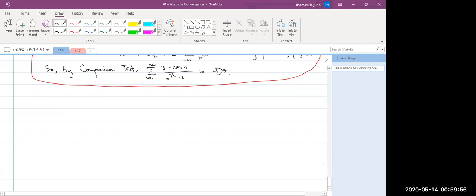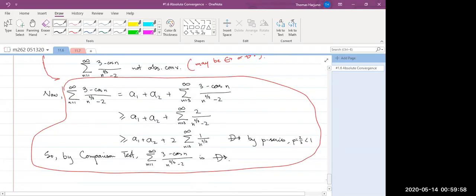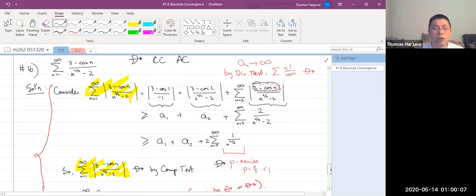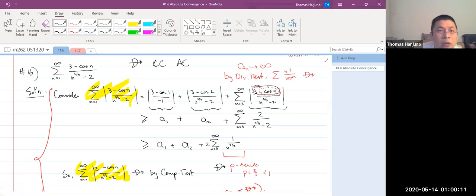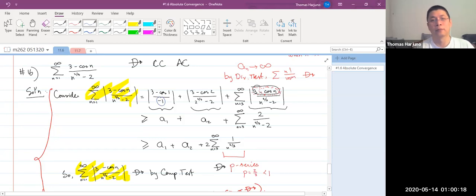Professor, sorry, really quick. How come we started at n equals 3 again? Because the denominator would then be positive? Why I need to start from 3 is because when n equals 1, the denominator is negative.